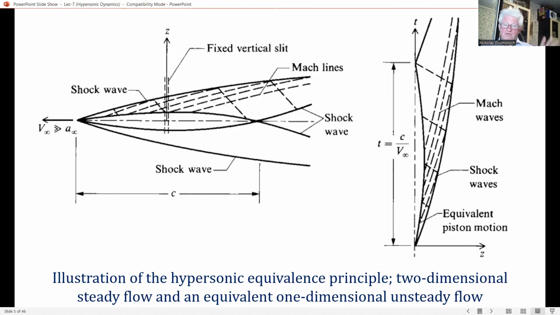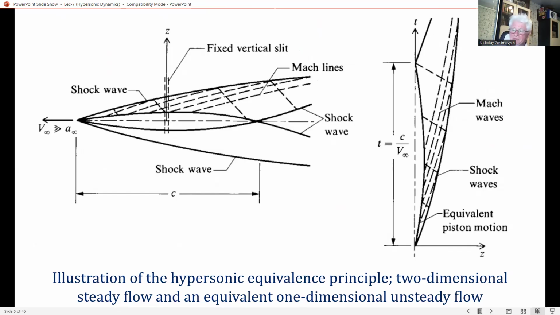All of these are shown at the left, where x equals V infinity times t. Therefore, we see how the steady hypersonic flow over a body can be constructed from an unsteady flow in one less space dimension, as you can see on the right side.